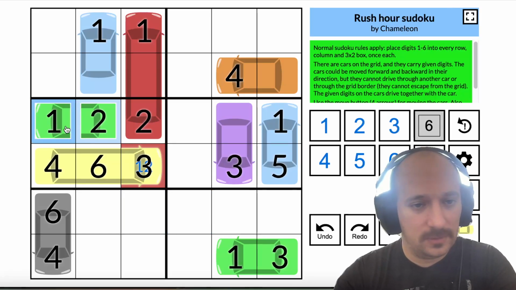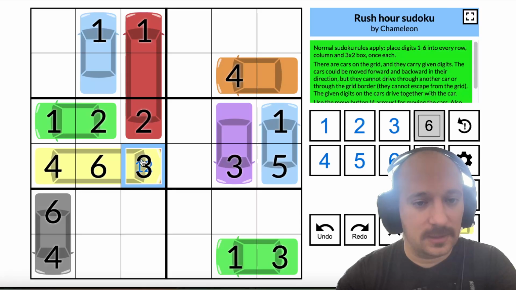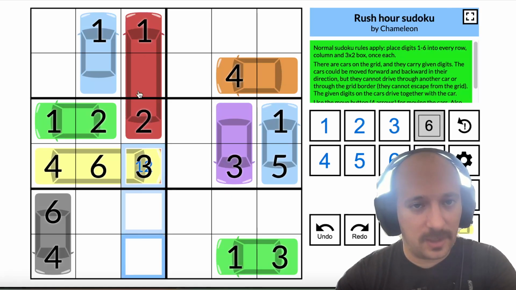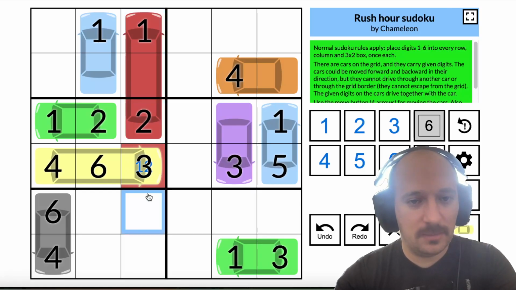So it gives us 2 things. First of all, this car cannot stay here because it will conflict with this cell. It also cannot take this cell because we have 1 and 2 going in column 3 taken by the red anyway.